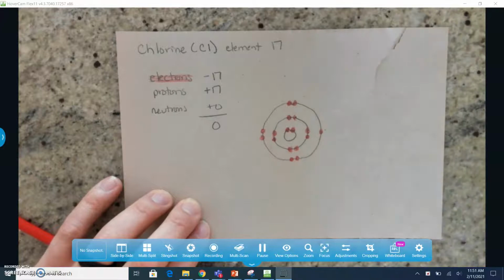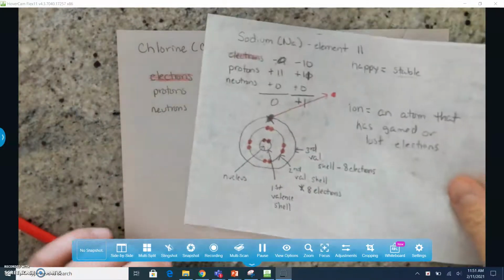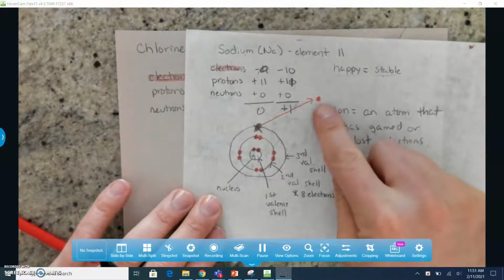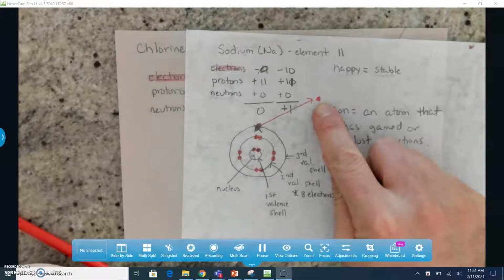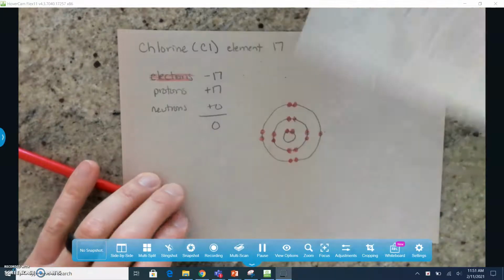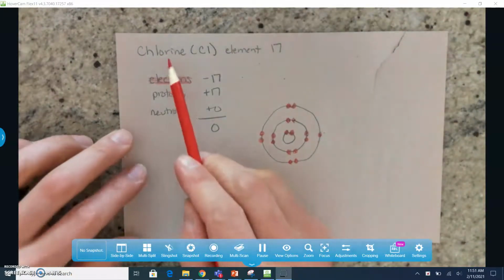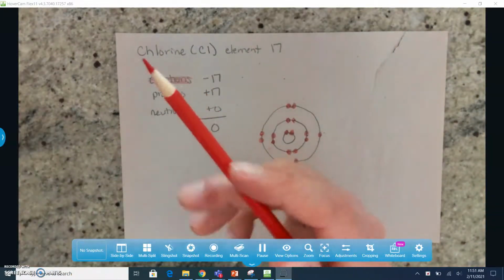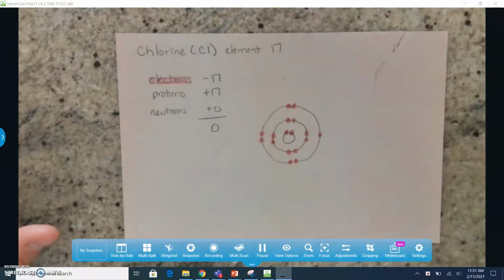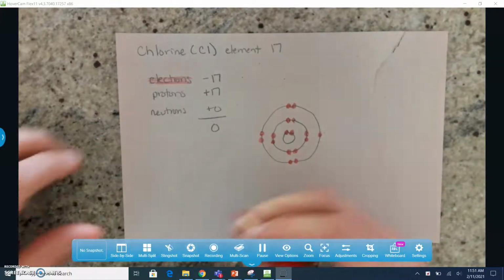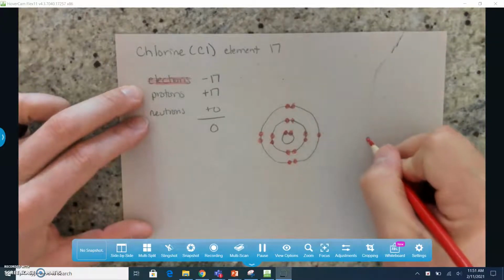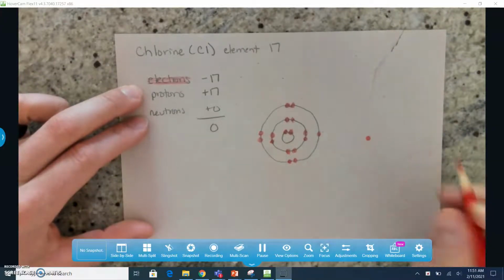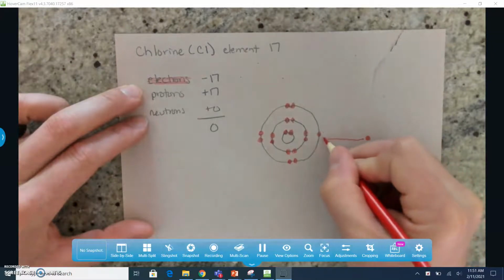Well, we see that some atoms, like sodium here, lose electrons. So that means that there are free electrons to be found. And that's exactly what happens here. Chlorine will find some of those free electrons floating around, and it will take them in. Hey, you need a home? Here you go, I got a place. And it will take that extra electron, maybe from sodium, and bring it in.